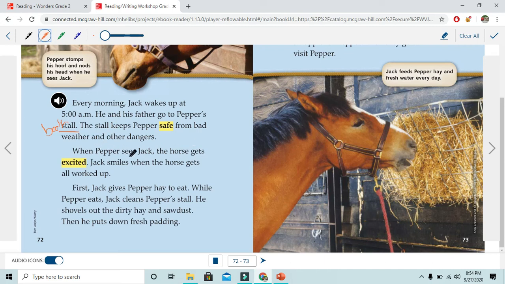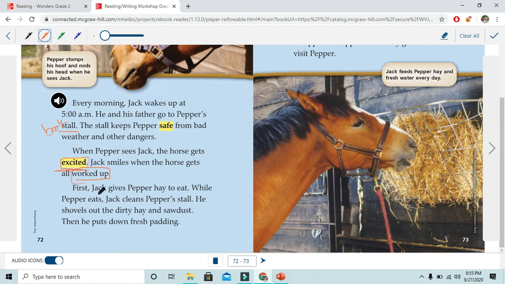When Pepper sees Jack, what happened? Yes, the horse gets excited. You remember the meaning of excited? Very happy. Jack smiles when the horse gets all worked up. Oh, we have a word here. This is worked up. This means excited or happy. So excited and worked up have the same meaning.